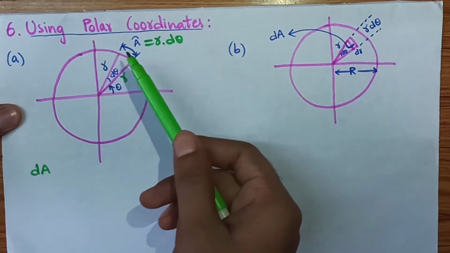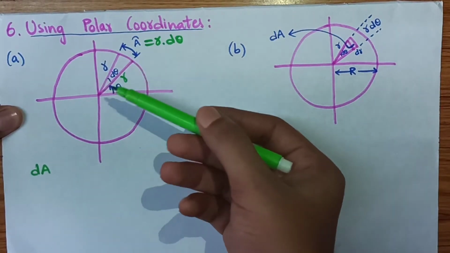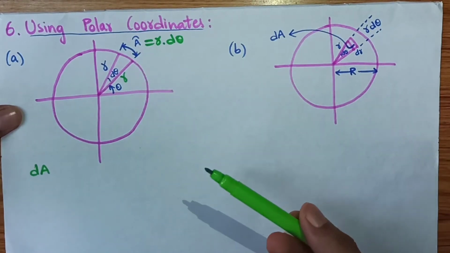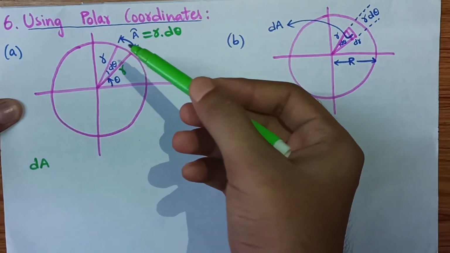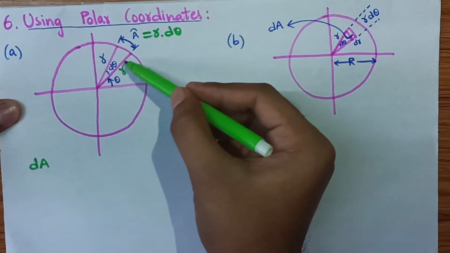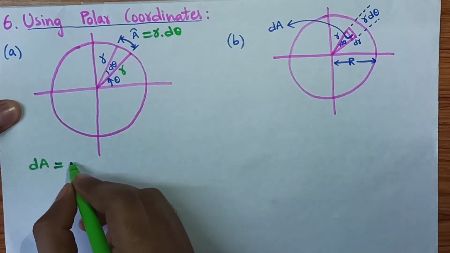So the area of the sector, I can assume this as a triangle, or you can directly write the area of the sector formula of r square into d theta. If you don't know it, we'll get it by assuming this as a triangle. To find the area of this small sector, it will be half into base into height.